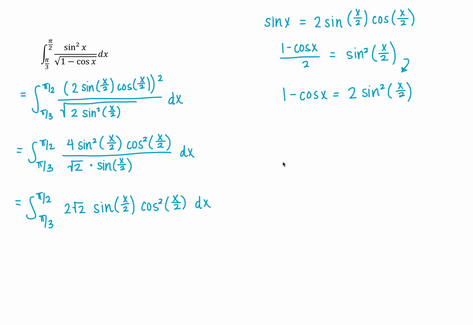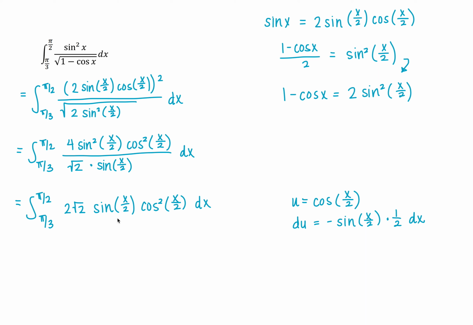I'm going to use a u substitution here. I'm going to let u equal cosine of x over 2. So du is going to be negative sine x over 2. Remember, we need to find the derivative of this times 1/2 dx. So I have the sine of x over 2.